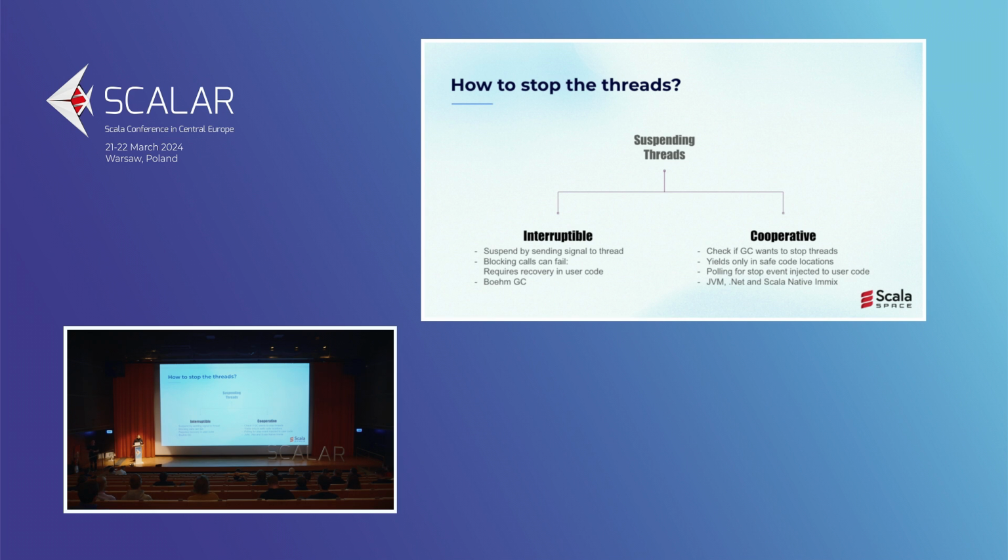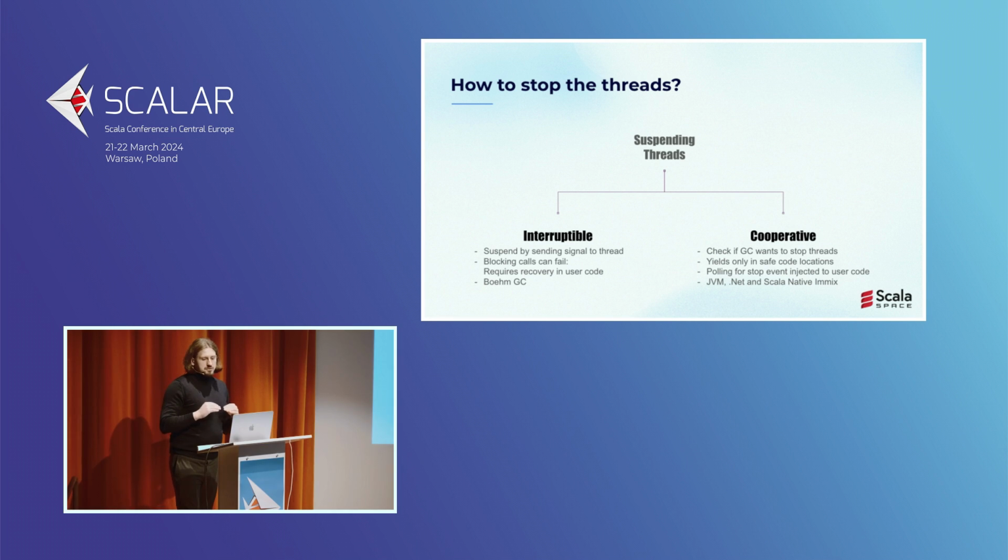This is treated as a simple polling of the GC for some flag, for example. And it gives us much more control over when we stop the thread and yield the execution to the garbage collector. So you can be sure that we are stopping execution at some well-defined point, which is safe.